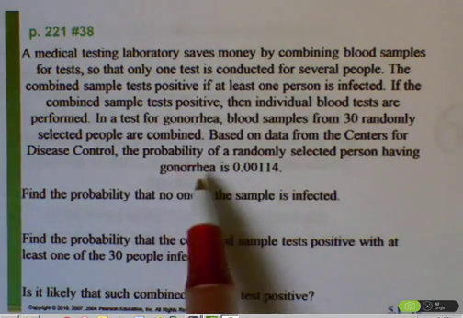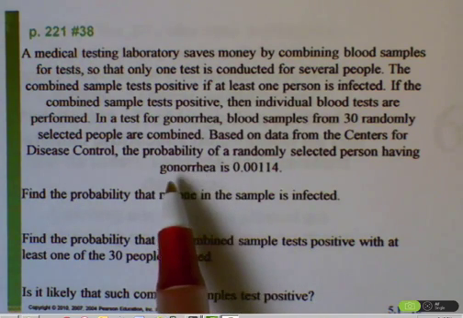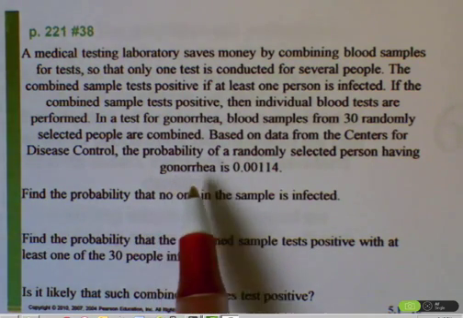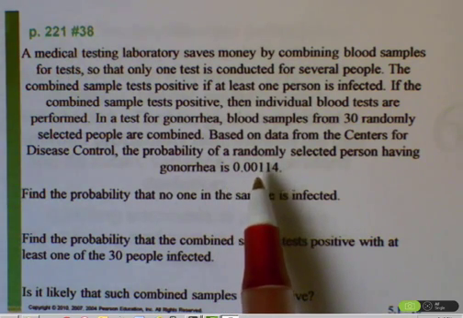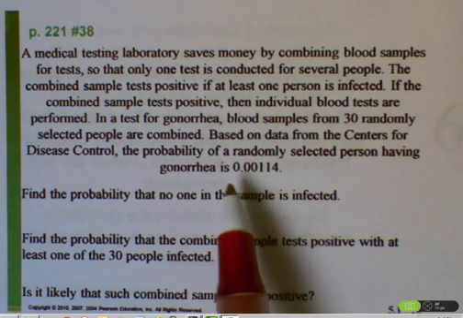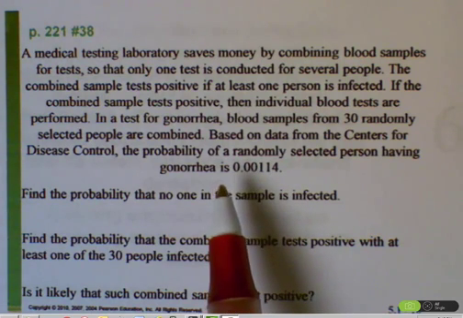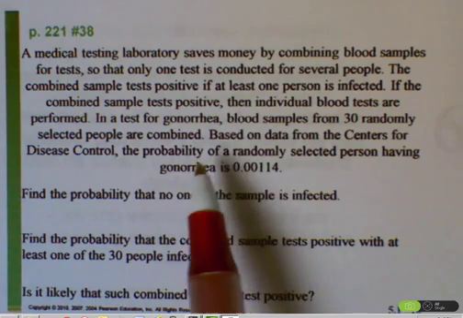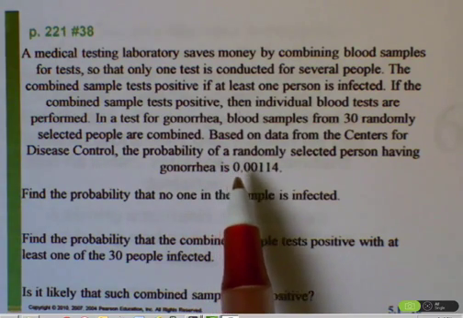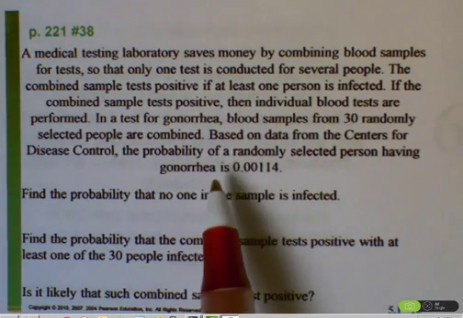This one just happens to be about gonorrhea, and the probability of a randomly selected person having gonorrhea is 0.00114. That probability is so low that rather than doing blood tests on every single sample, the CDC will combine 30 samples and test that combined sample.